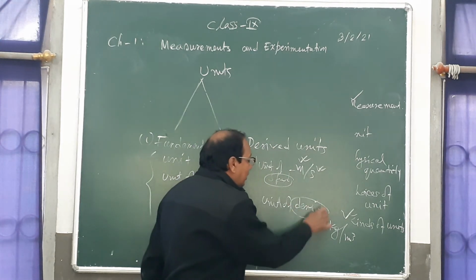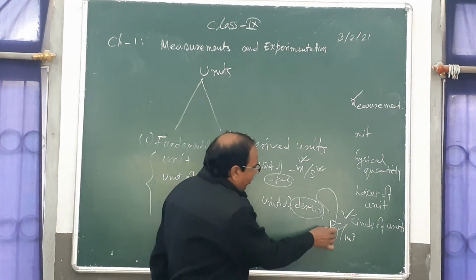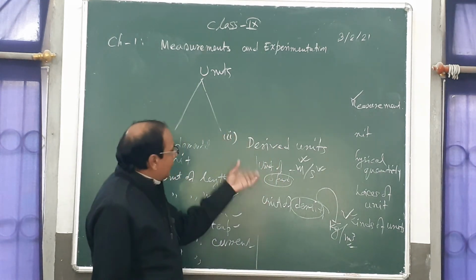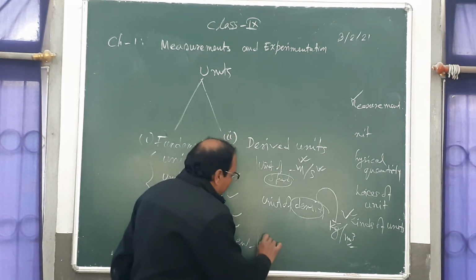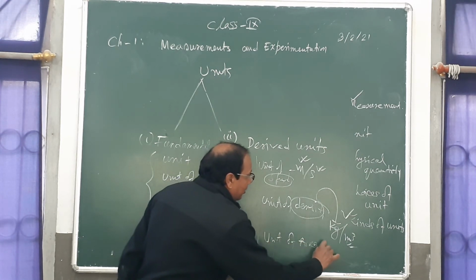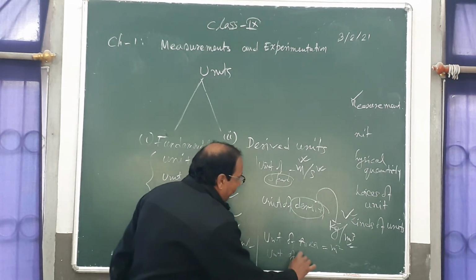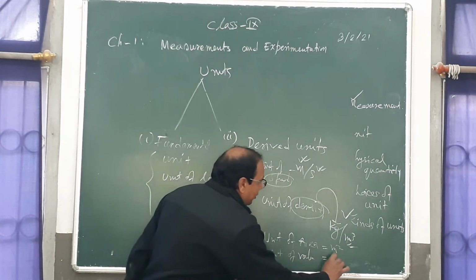So the unit of density depends on the unit of mass and the unit of volume. Similarly, the unit of area is meter square, and the unit of volume is meter cube.